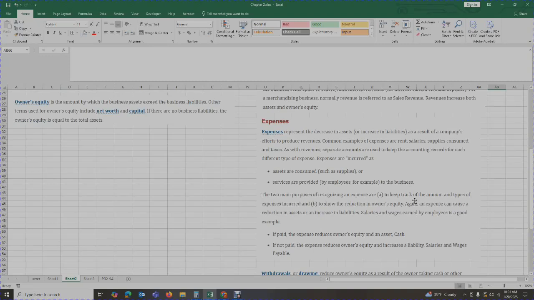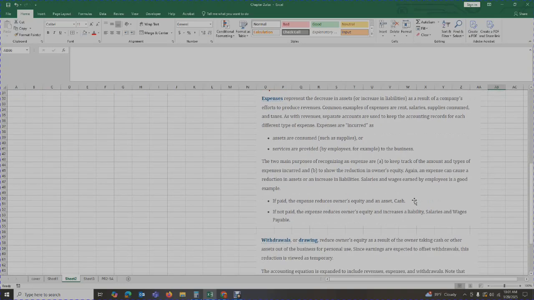Some common examples of expenses are your rent, your salaries, your supplies, taxes, your utilities, anything of that nature. Depending on the type of business that you operate, your expenses will differ, but basically any money spent for the operations of the business.